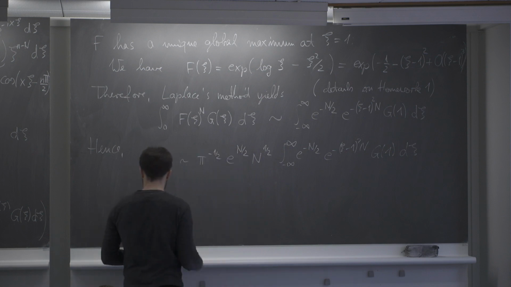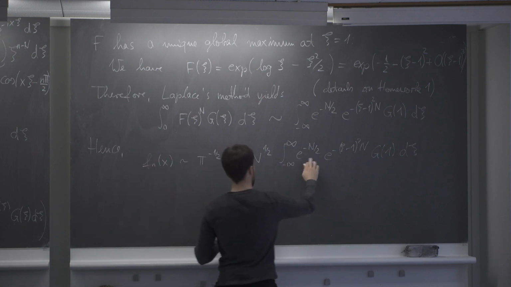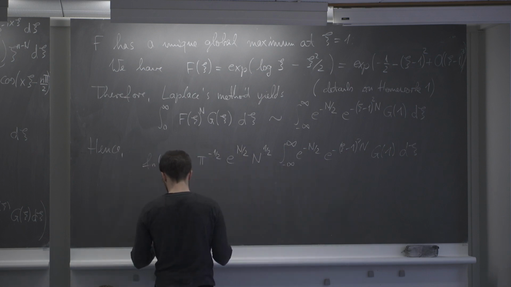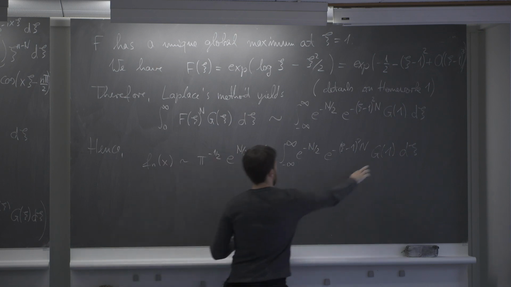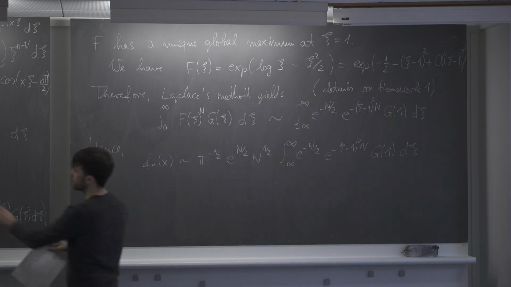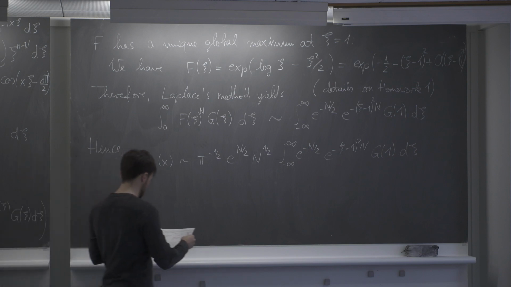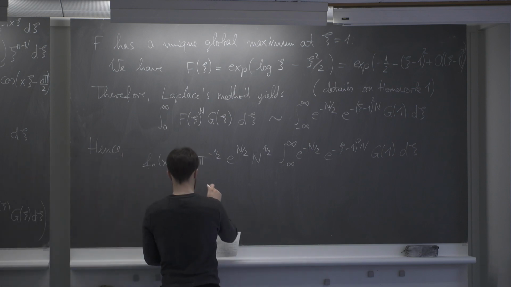Well, now these two guys cancel. I can pull them out, and there's a g of 1. You can plug in the definition of the g. So I end up with, well, this is an identity, pi to the minus 1/2.